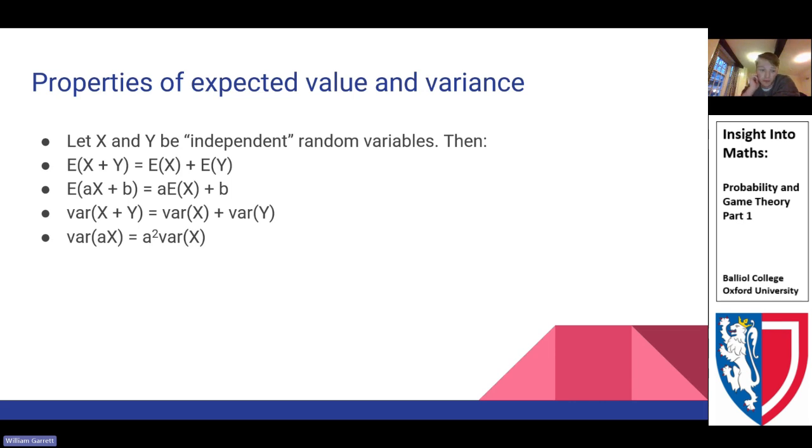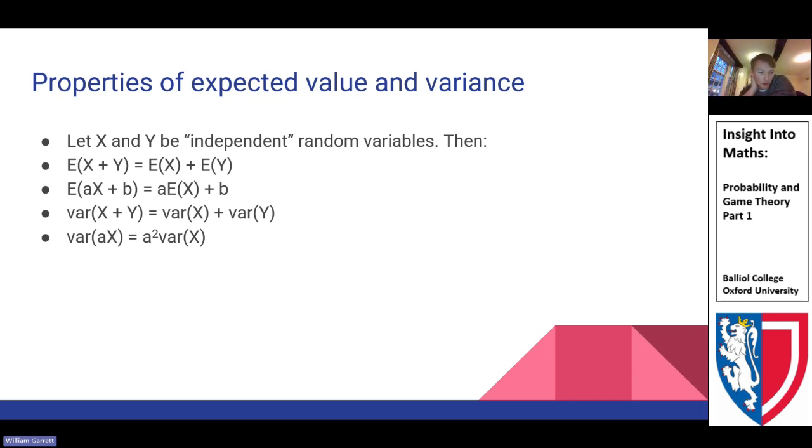The first property is quite intuitive. It says that the expected value of a sum of random variables is the sum of the separate expected values. So for example, if you roll two dice, you expect to get 7 because that's the sum of 3.5, which is the value of each dice.